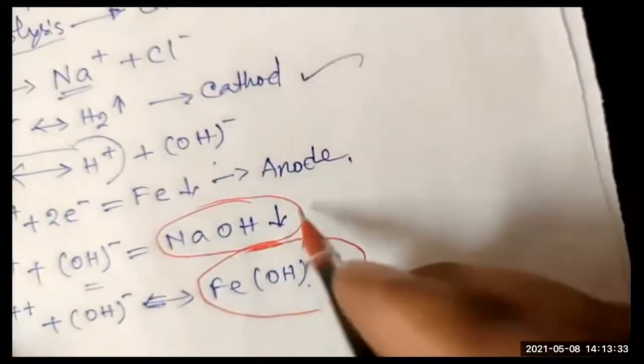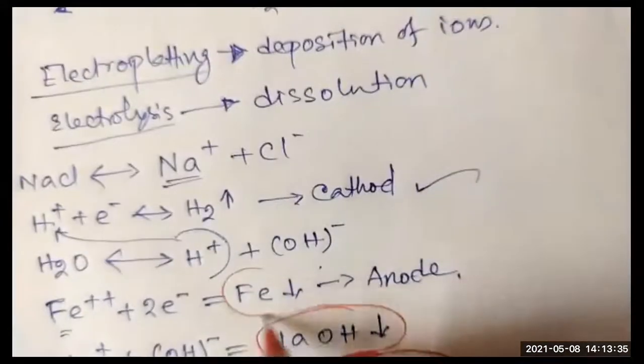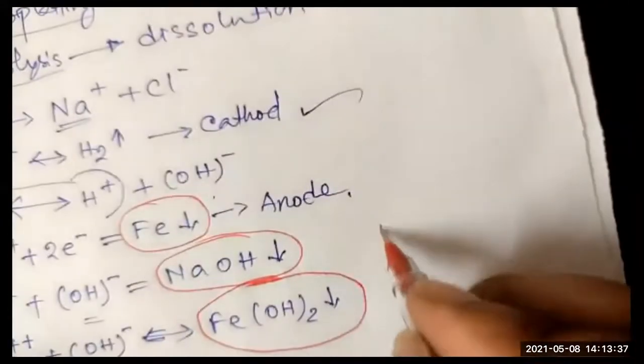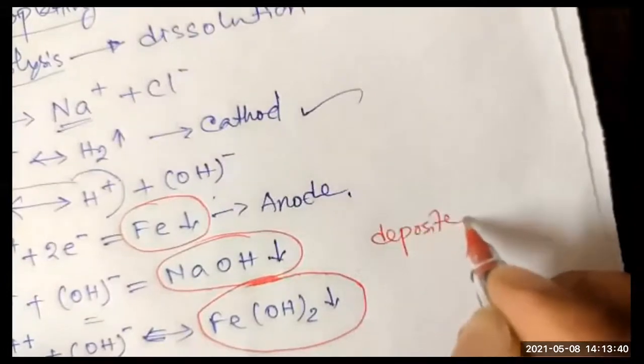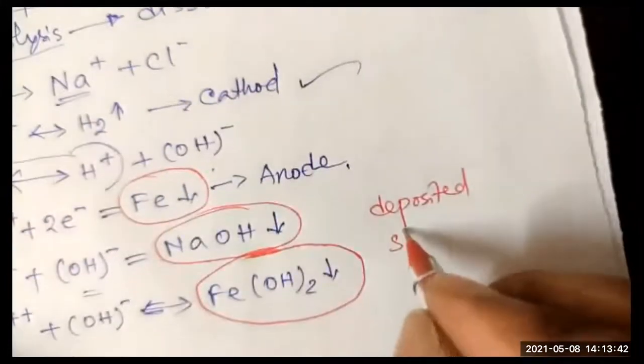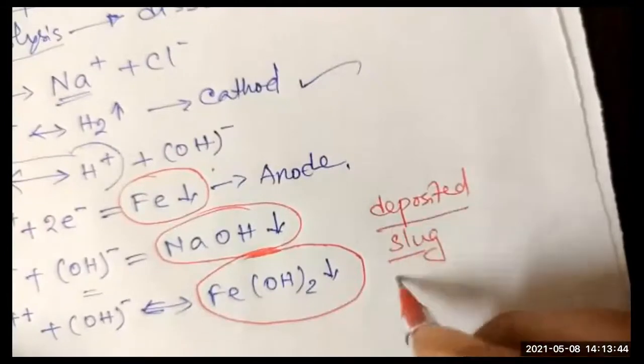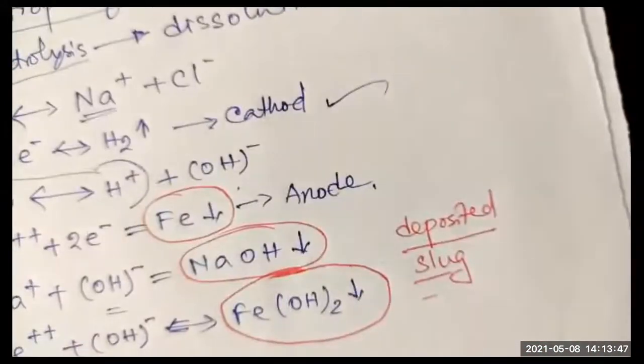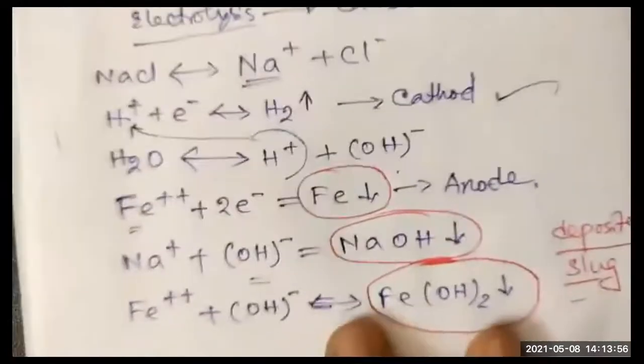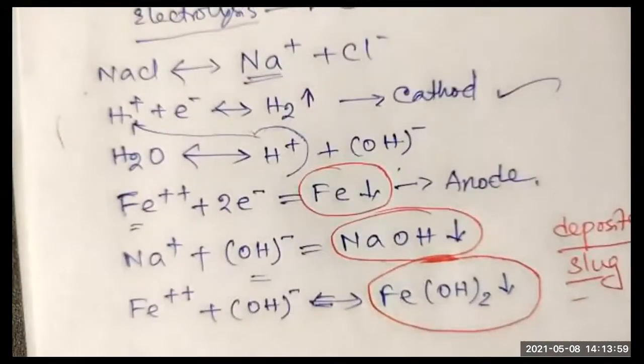So those things, and also some ferrous materials, will get deposited and will form slug. Okay, will form slug or slugs. Fine. So this is about the chemical reaction which is taking place during the ECM process. Okay, I hope you people understood the chemical reaction part.